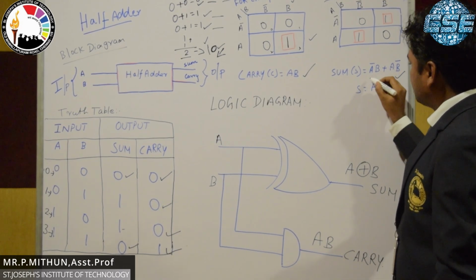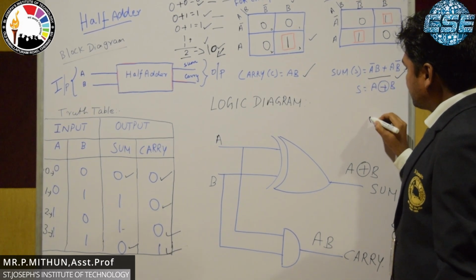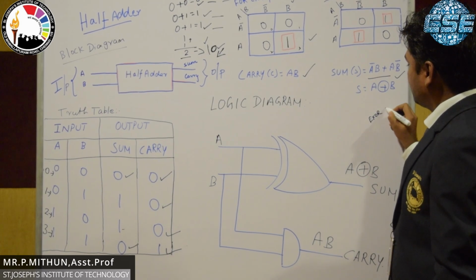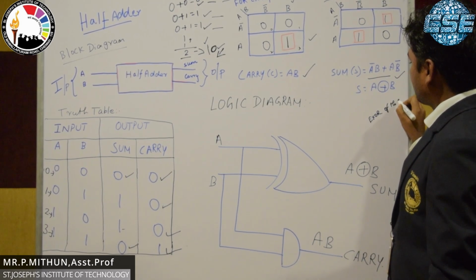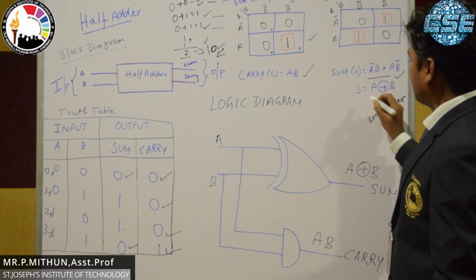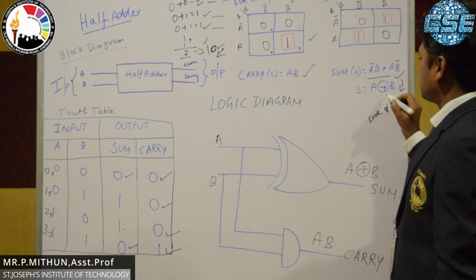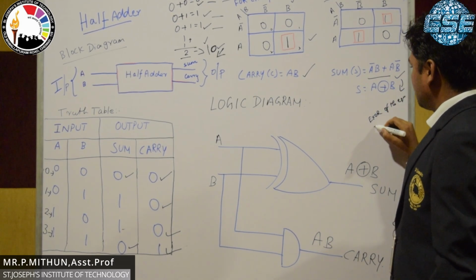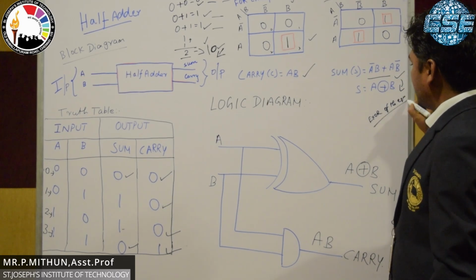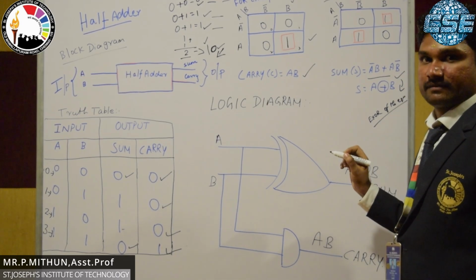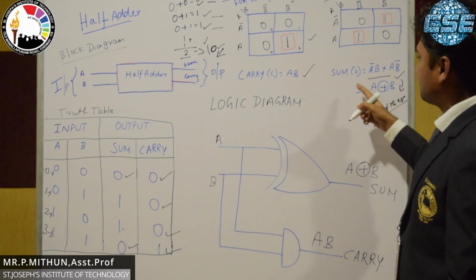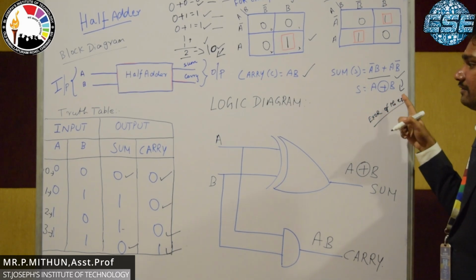This equation shows the XOR of the variables, so we change it to the term A XOR B. The above equation represents the XOR equation, so for the sum we use A XOR B.